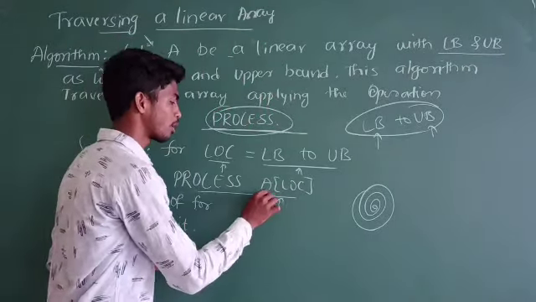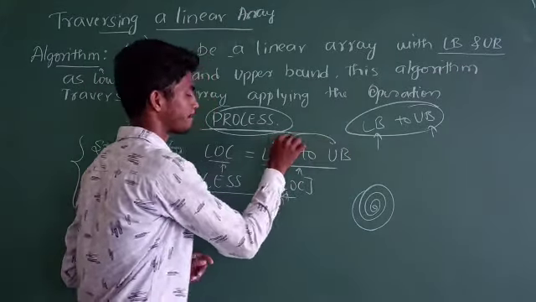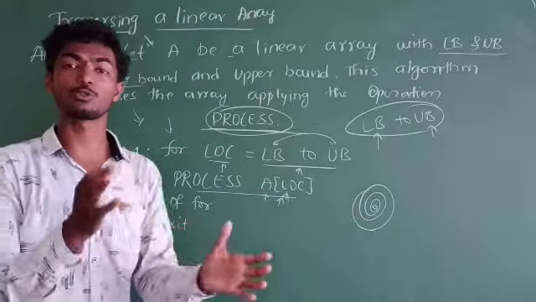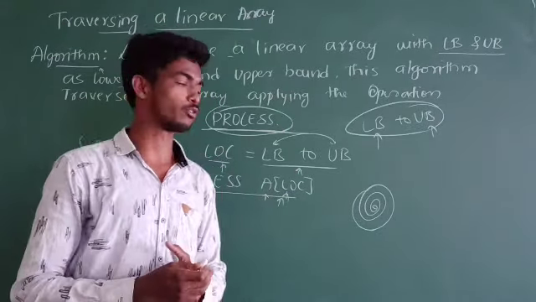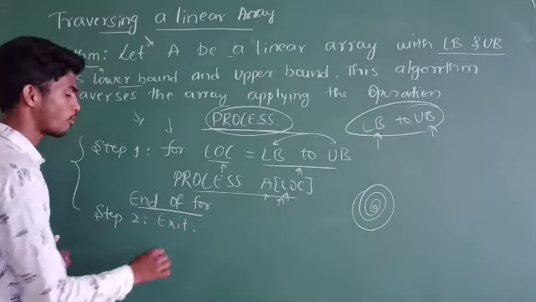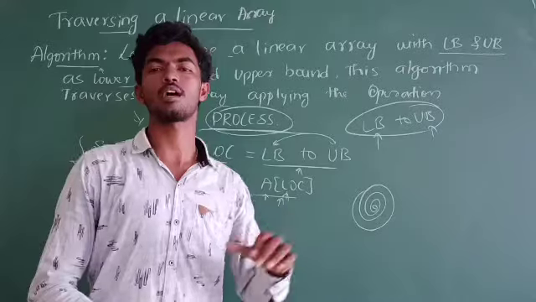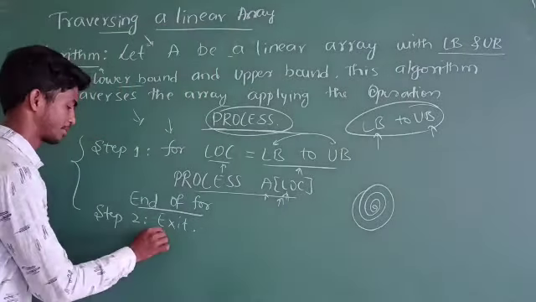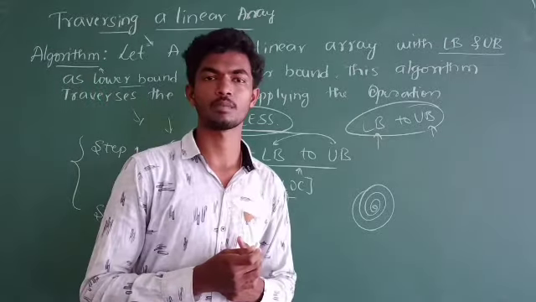A is an array, and location is a variable which fluctuates from LB to UB. It has to process A of location within that for loop, and at the end of the for loop we have visited every element of the array, so we exit from that algorithm or program.